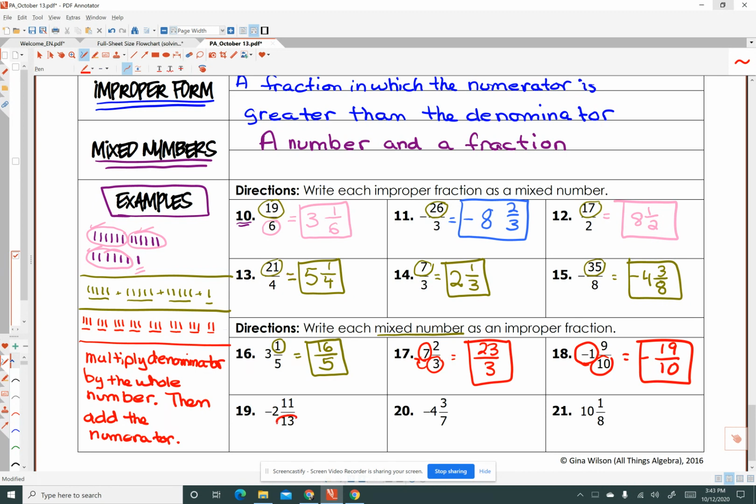Okay, we're going to multiply the denominator by the whole number, then add the numerator. So -2 times 13 equals 26, plus 11 equals 37. So the answer will be -37/13.